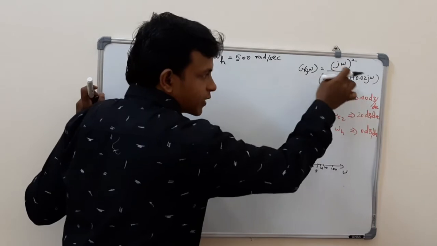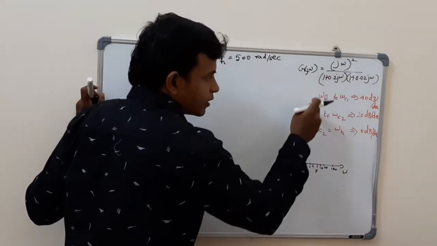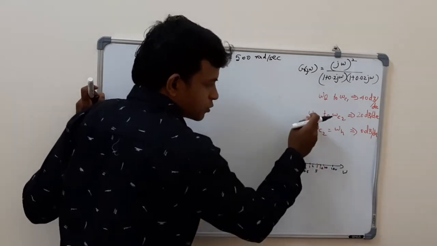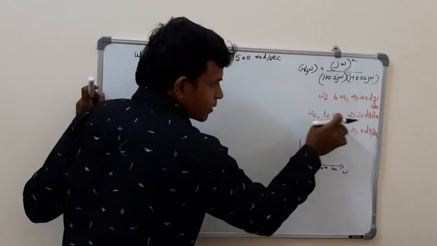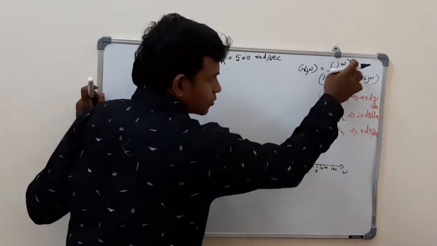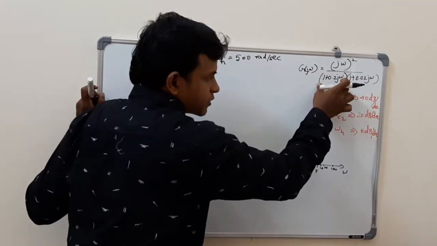This first order factor in denominator comes into existence after omega c1. When the frequency crosses omega c1, this comes into existence, and till omega c2 it will be there. So the overall impact is produced by these two factors, this derivative factor and this first order factor.